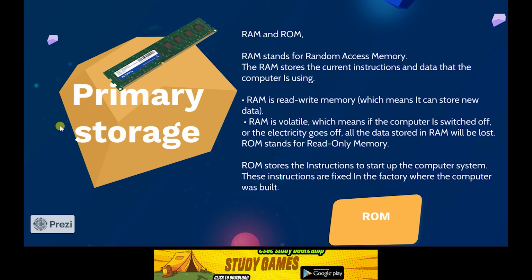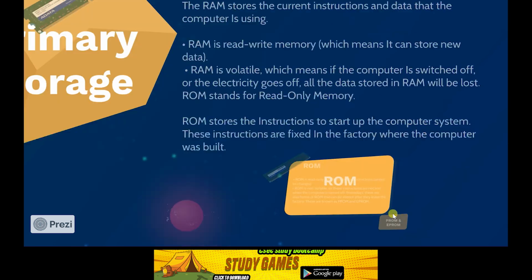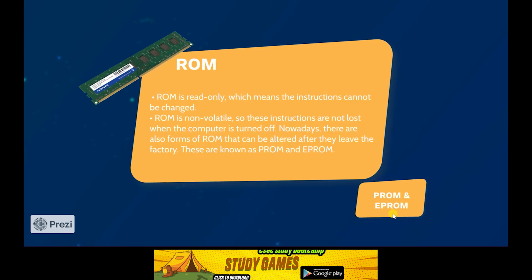The difference now is with ROM, which stands for Read Only Memory. ROM stores the instructions to start up the computer system. These instructions are normally fixed by the factory where the computer was built.